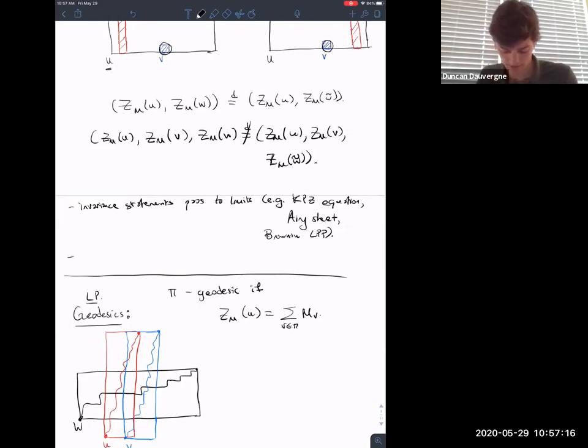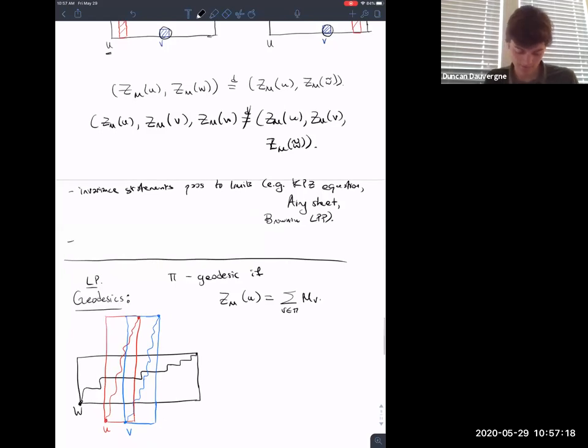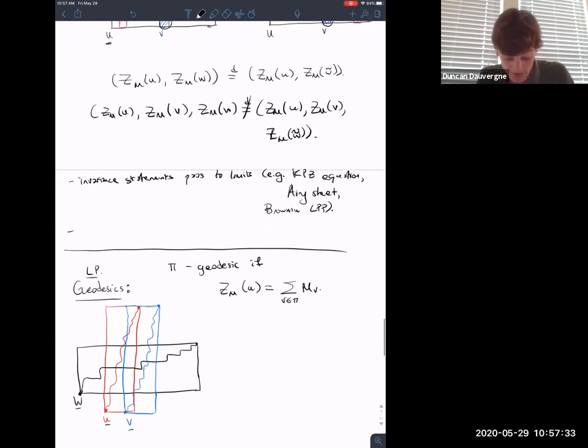So it's just a path that achieves this maximum in the definition of last passage percolation. I have three boxes here, W, U, and V, and I've drawn sample geodesics. If you choose exponential last passage percolation, which we'll do to make this simple, these geodesics are always going to be unique. So there's a unique optimizing path.